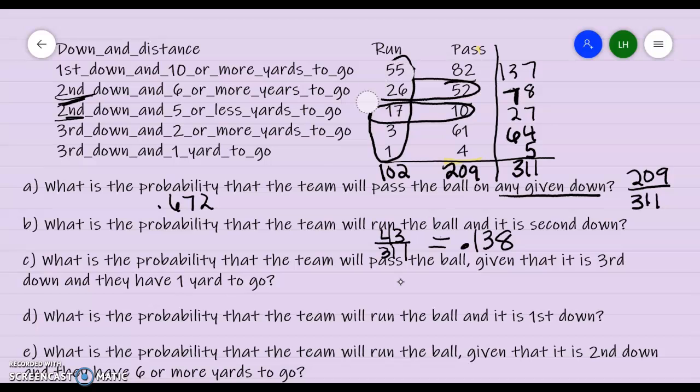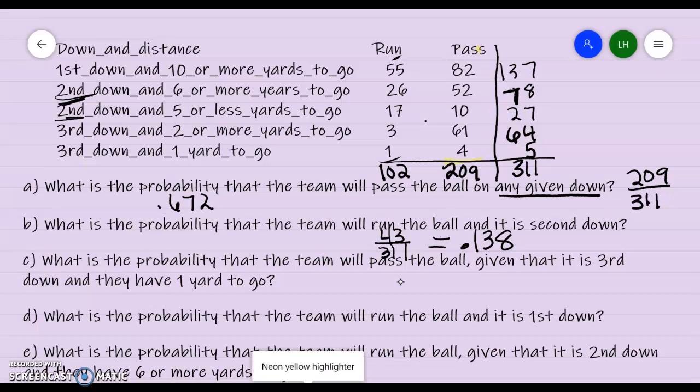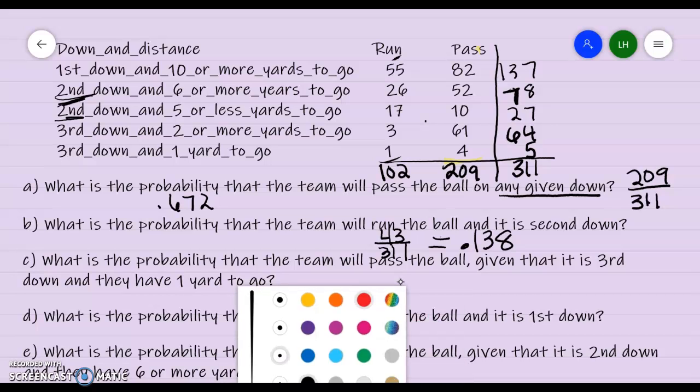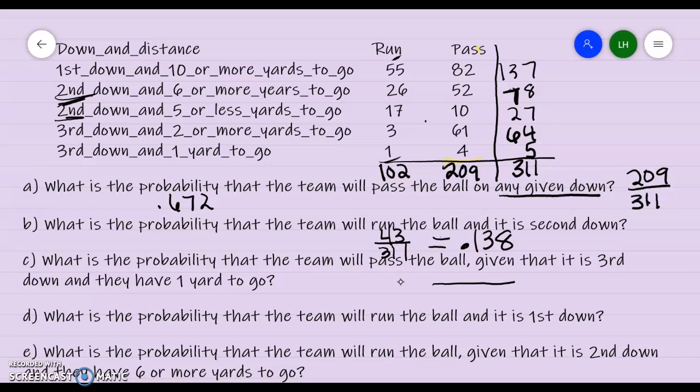Okay, let's look at the next one. What is the probability that the team will pass the ball given that it is third down and they have 1 yard to go? This is conditional probability, so your denominator is going to be the part where it says given. So we need to look at given that it is third down and they have 1 yard to go and get that total.